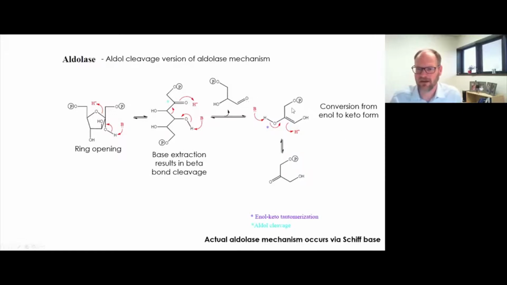Now, we can tautomerize from the enol form to the keto form by using a base to abstract this proton, forming this carbonyl again, and then reforming this molecule. Now, you should find this to be familiar. This here is dihydroxyacetone phosphate, and this here is glyceraldehyde 3-phosphate.